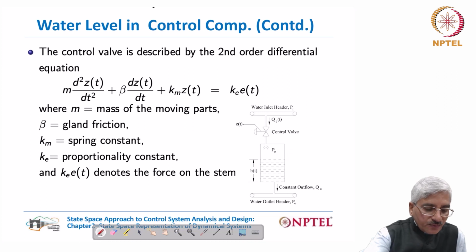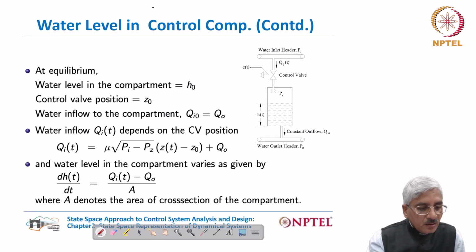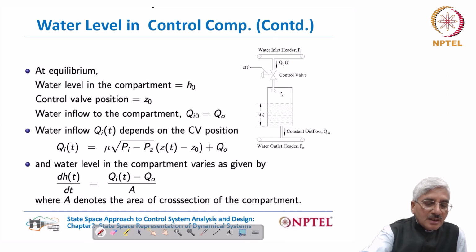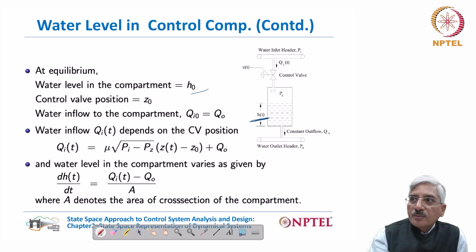The second equation we get, before that, let me tell that at the equilibrium, when this compartment height is constant at h0, the control valve position will be z0, which is this, and the water inflow to the compartment will be QI0 minus QO, which is this.